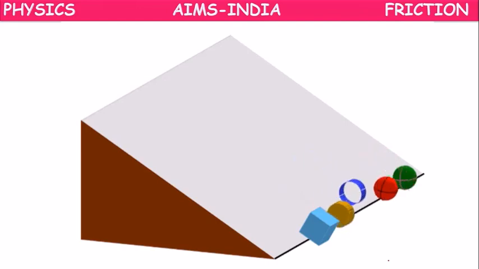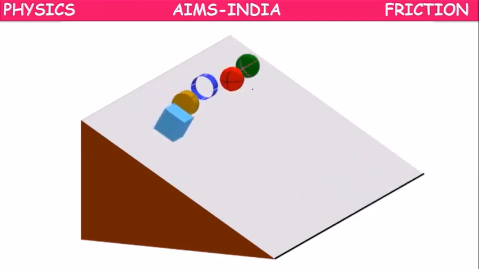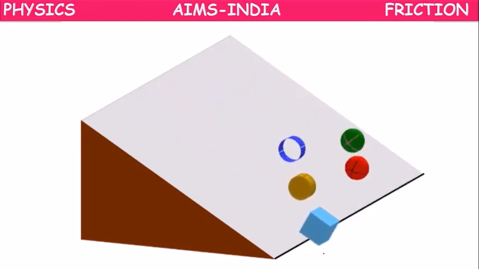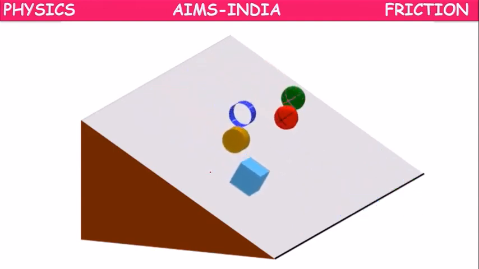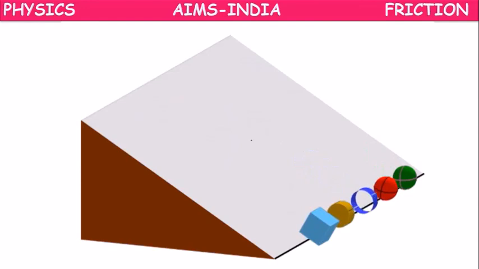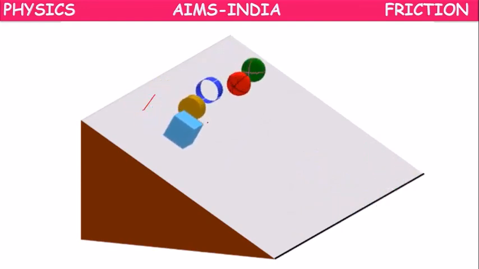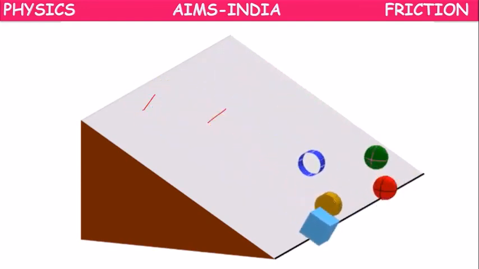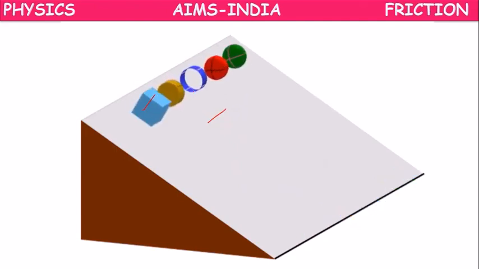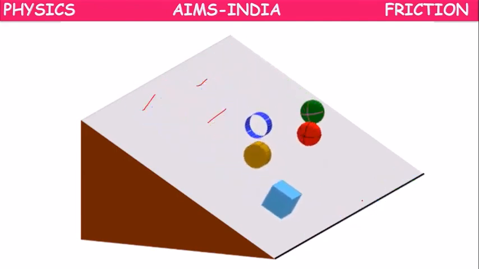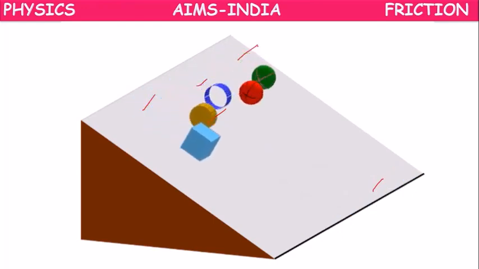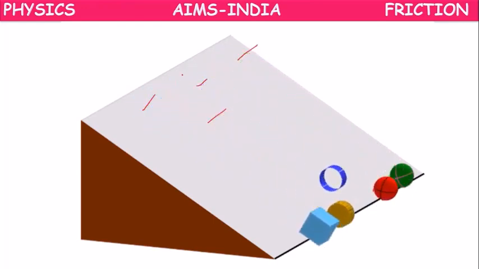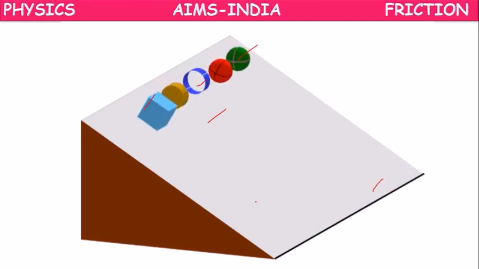In this animation, we are rolling different kinds of objects on the same inclined plane. One looks like a square, next like a cork piece, next like a bangle, next like a football, next like a green colored ball.